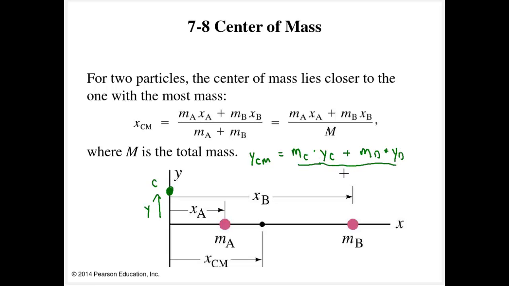Divide all that by mass c plus mass d. And right here I'm going to put my mass d way down here in the negative y direction. I would of course take that into account when I calculated my center of mass in the y direction.